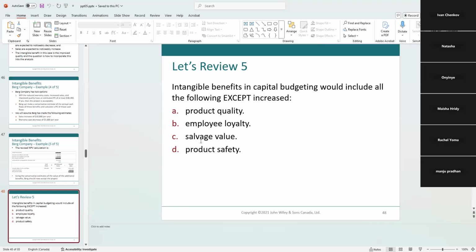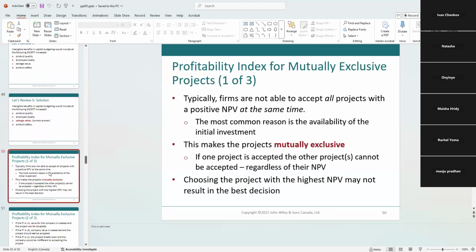Intangible. Salvage value. Tangible, because you have the actual value, yes, that will be tangible. So what will be the correct answer here? C. Make sense? Yes.